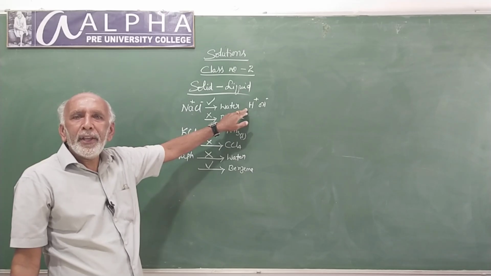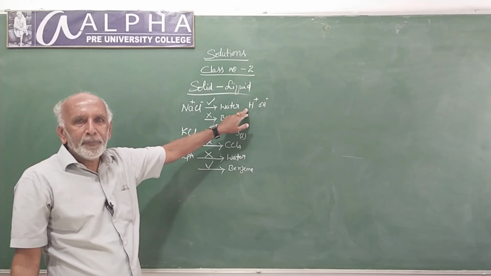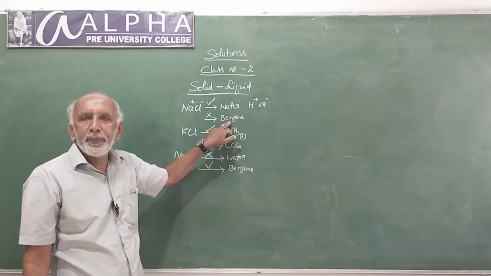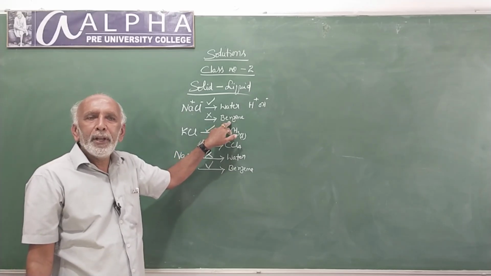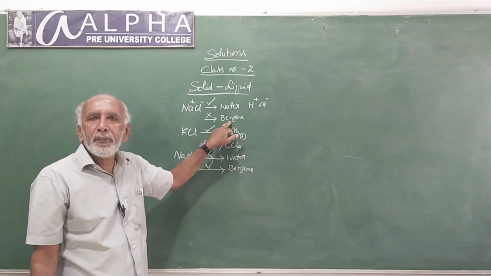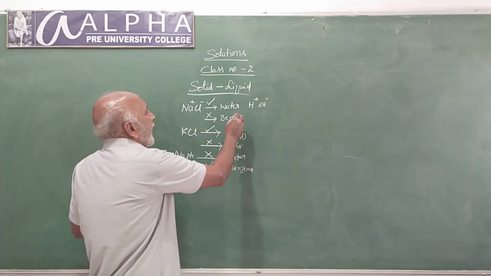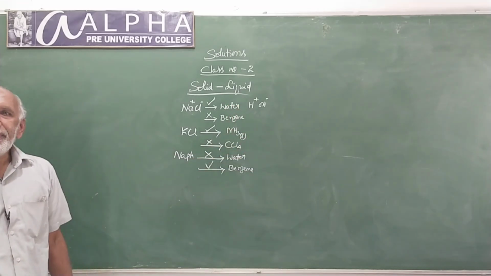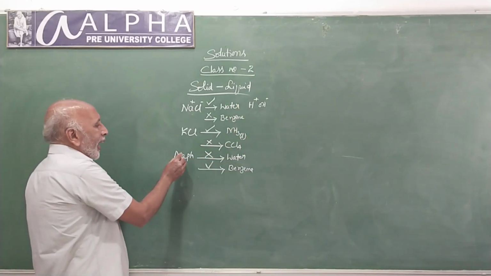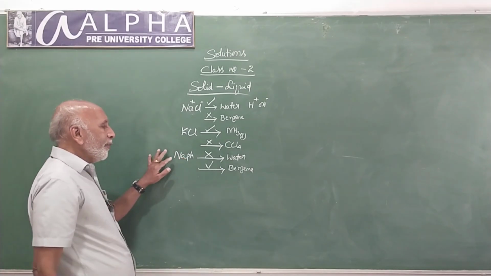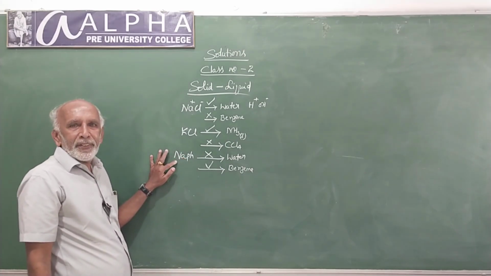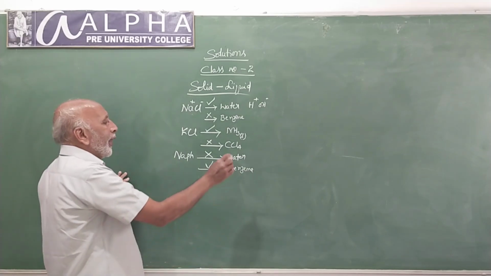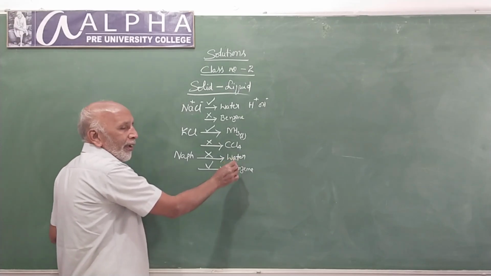Water has a high dipole moment, whereas benzene is a non-polar solvent whose dipole moment is 0. So this one is non-polar, this one is polar. Naphthalene is a non-polar substance, does not carry charge in it, whereas water is a polar solvent.